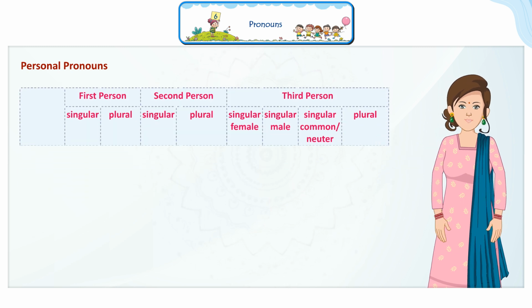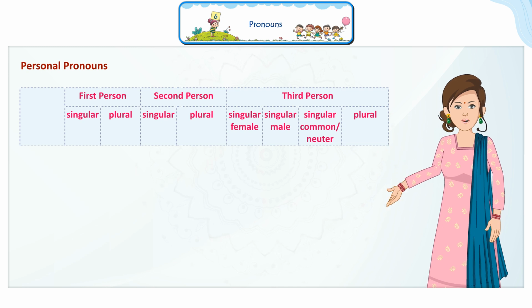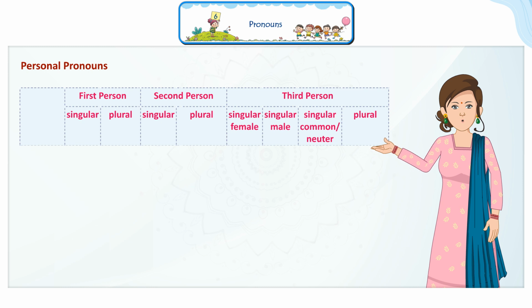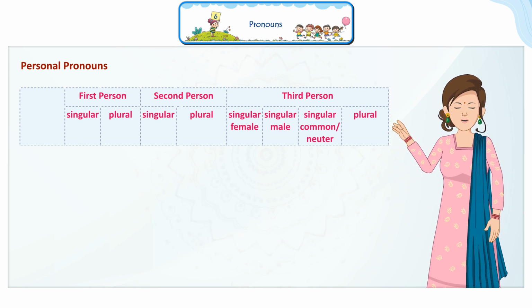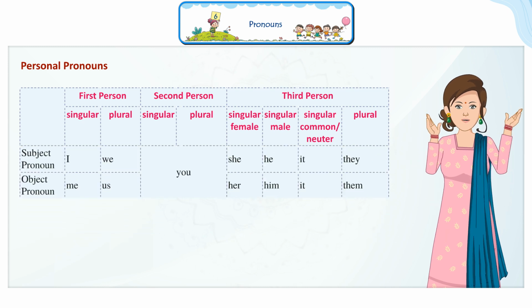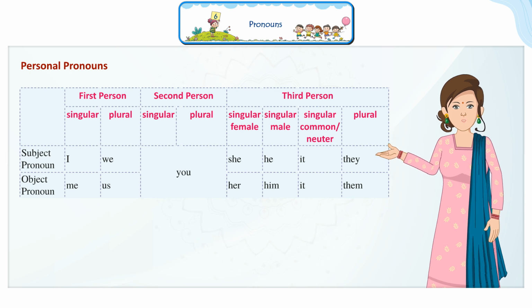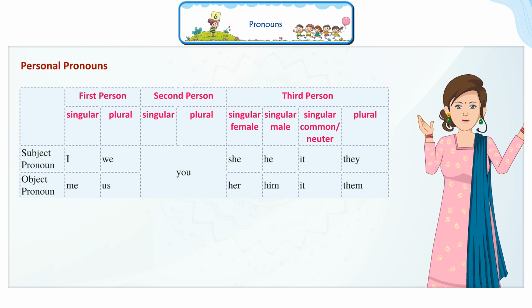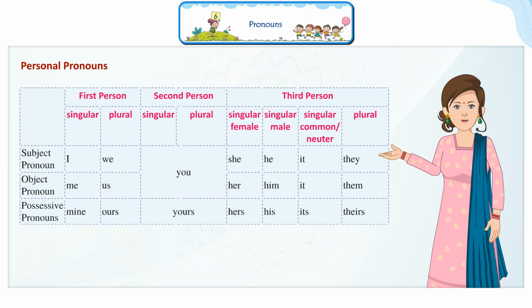First person singular, plural. Second person singular, plural. Third person: female singular, male singular, common/neuter, plural. Subject pronouns: I, we, you, she, he, it, they. Object pronouns: me, us, you, her, him, it, them.